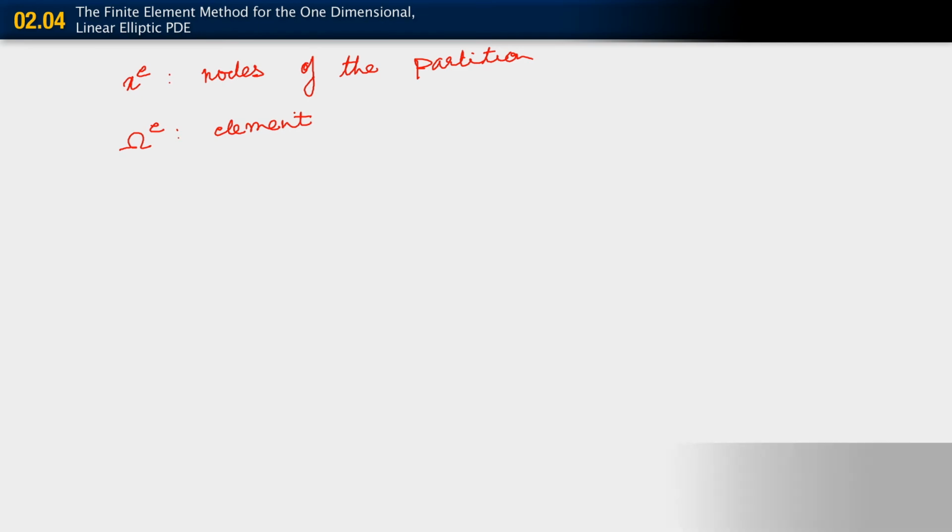So how do we first use this partition? How do we begin using it? As a very first step, we observe that our weak form is stated as an integral. And what that lets us do is write that integral as a sum over the elements, over the subdomains of the partition.